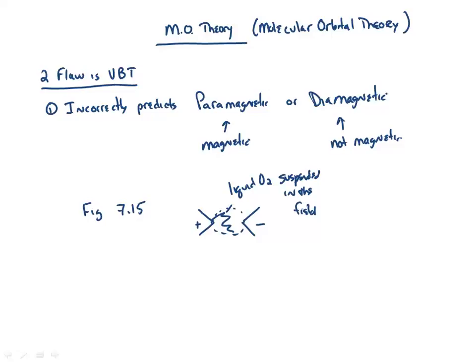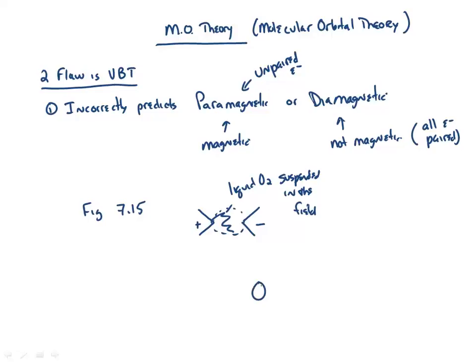So a very easy experiment to do, very obviously visually that oxygen is magnetic. But to be not magnetic, you have to have all electrons paired. And to be paramagnetic, that means that you have unpaired electrons. And since you have unpaired electrons, you can interact with a magnetic field.